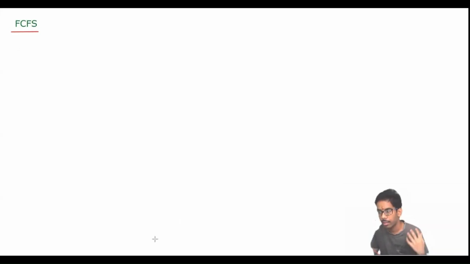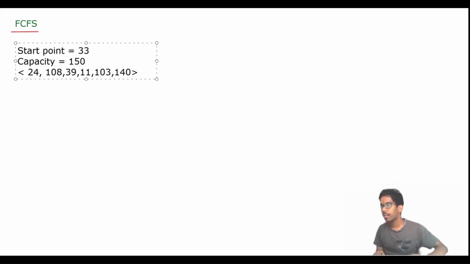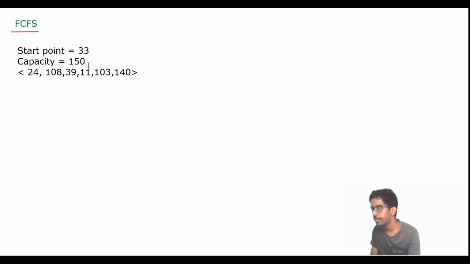Now the example here is: we have the start point at 33, capacity of 150, and we have some values: 24, 108, 39, 11, 103, and 140. So let's make a number line.